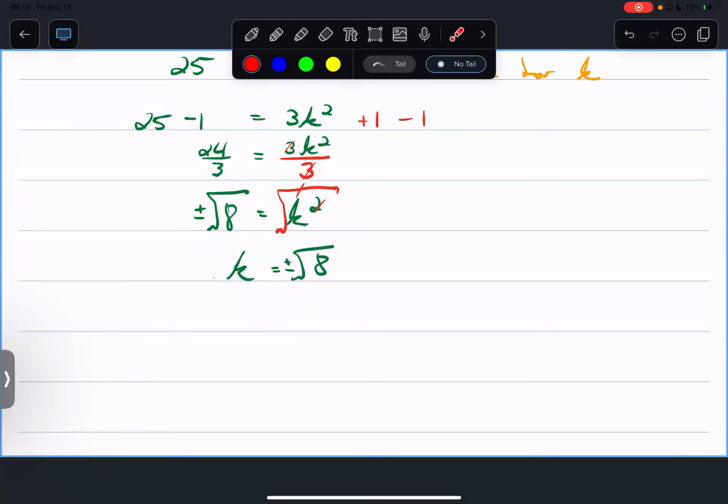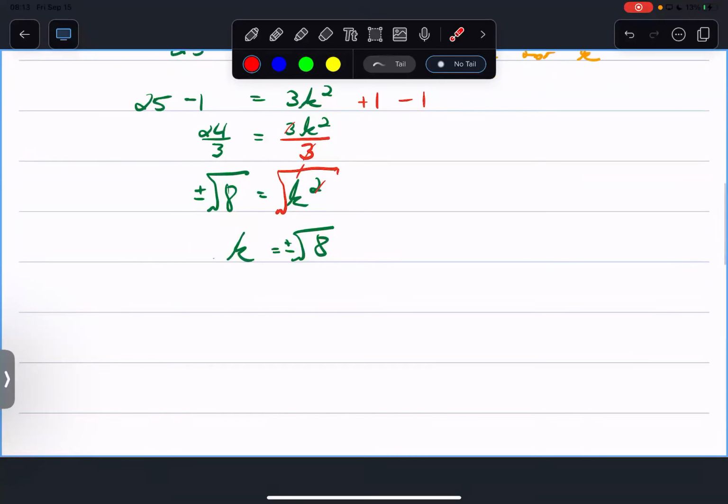And you can see that from the graph of a parabola, which we haven't seen yet, but you might remember, right? X squared looks like this. And so that's why it's plus minus once you take the square root. Which means that there are two values of K that give you the same value of G of K, right? And that's fine. All right.